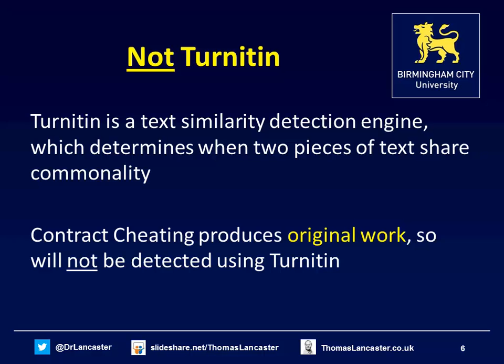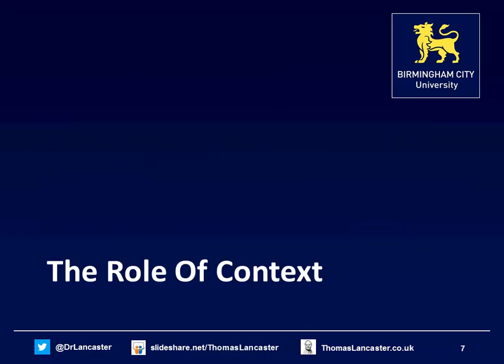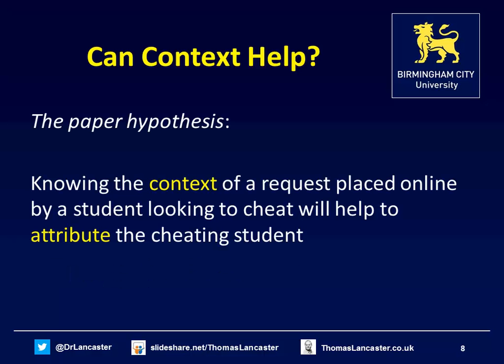So we need to look at alternative methods of detection. And that is really where I feel, and Robert and I argue in the associated paper, which goes into a lot more detail than this talk, that the role of context can come in.